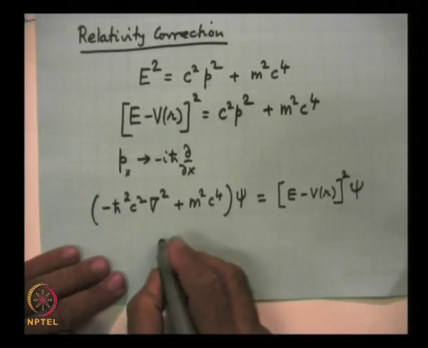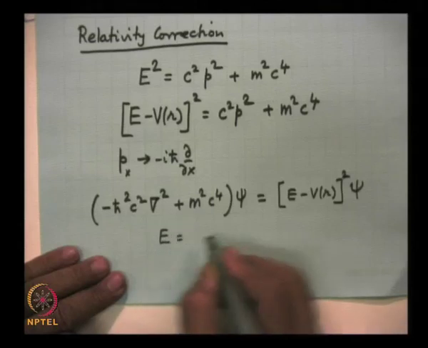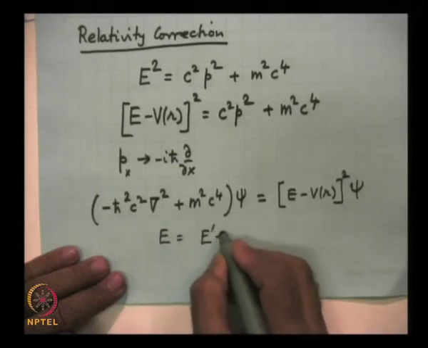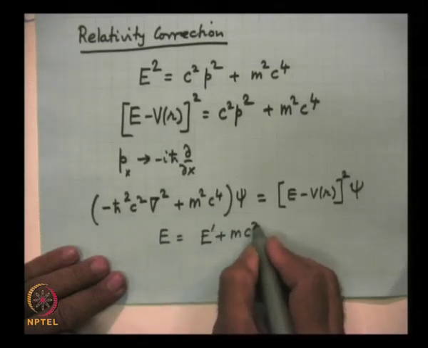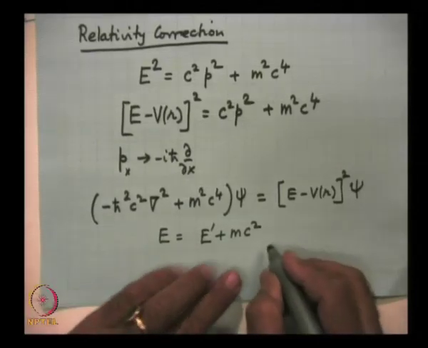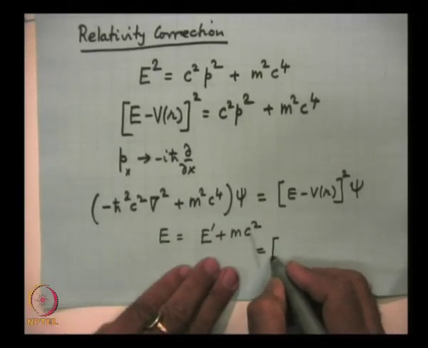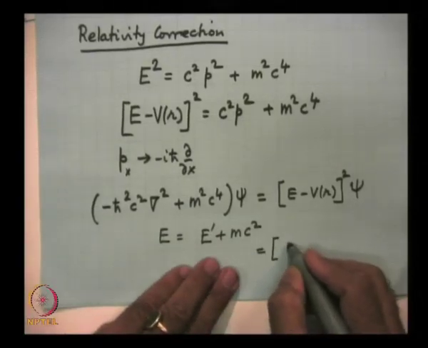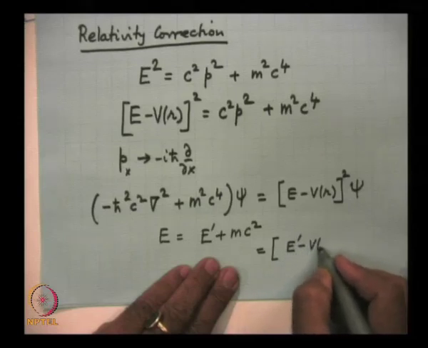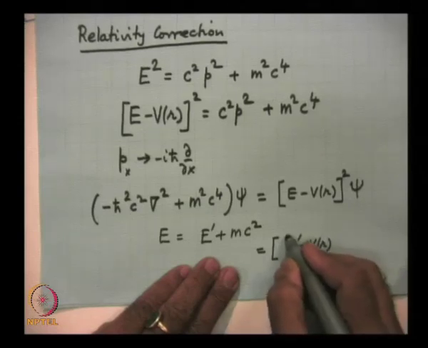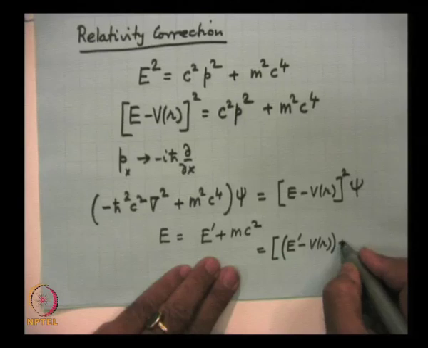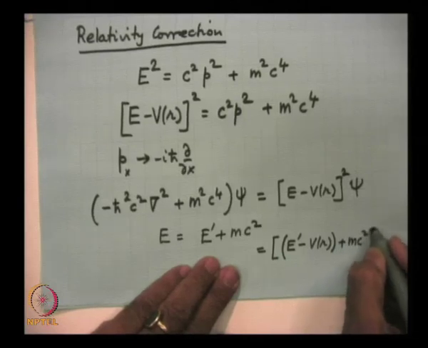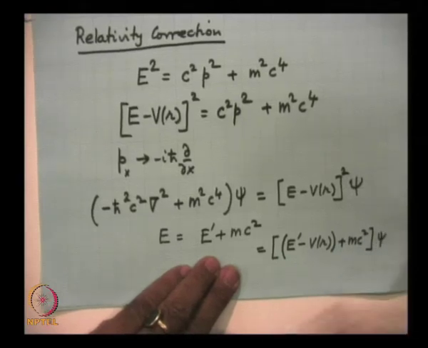I write E as equal to E prime plus m c square. So my right hand side becomes E prime minus V of r, I put that within brackets, plus m c square, psi.